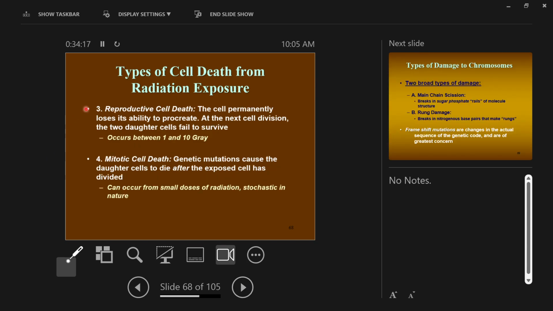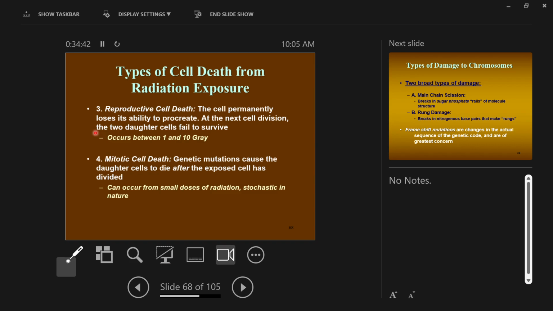Reproductive cell death. The cell permanently loses its ability to procreate. At the next cell division, the daughter cells will die. So the cell gets to live out its life, but the daughter cells don't survive. This would be a problem during synthesis phase, where we're making the copy of the DNA. You have all the parts that you need to work, but when you go to replicate, it doesn't build two functional cells.